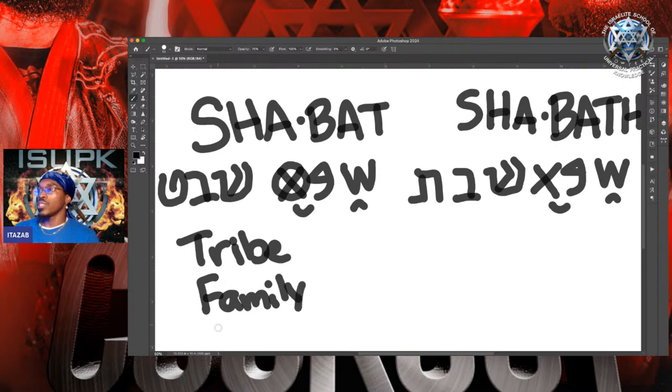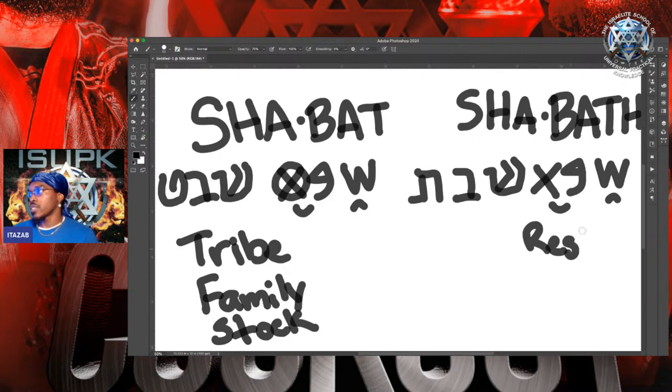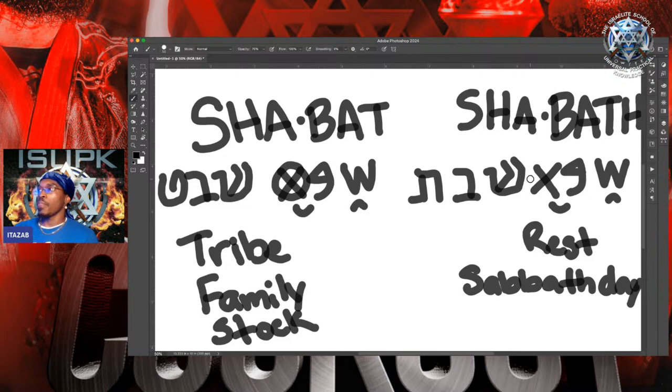It could also mean stock, like a tree, like a branch. Then Shabbath means rest. Okay, Sabbath day. So just one little character can change the entire meaning of that word. So you've got to be careful when you're writing Hebrew and when you're pronouncing it, right?